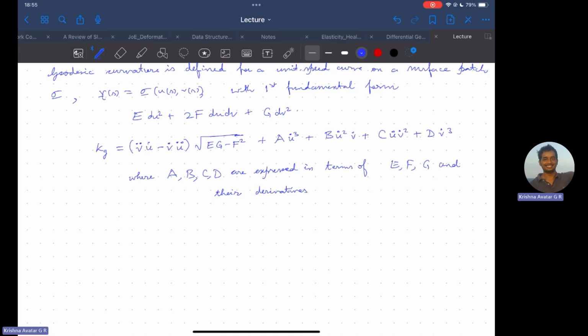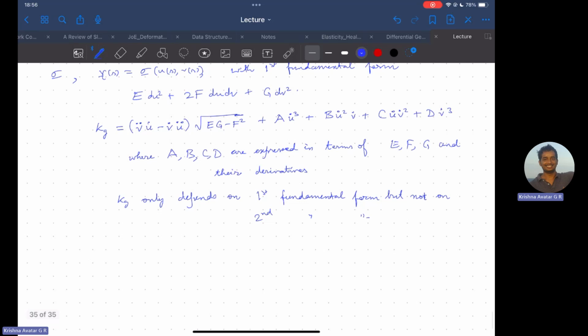So we recall one important thing that we note here is that Kg only depends on the first fundamental form, but not on the second fundamental form. Right? This is the important thing to note.